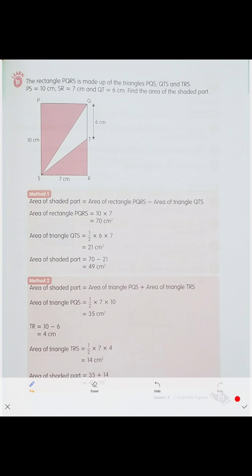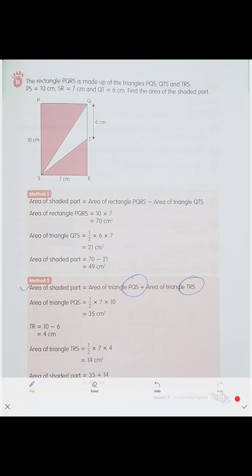And the second method that they offer us is to add up the areas of two triangles, the two pink triangles, this one and this one, PQS and TRS. Everything is straightforward. They are right triangles. You know the height, you know the base.